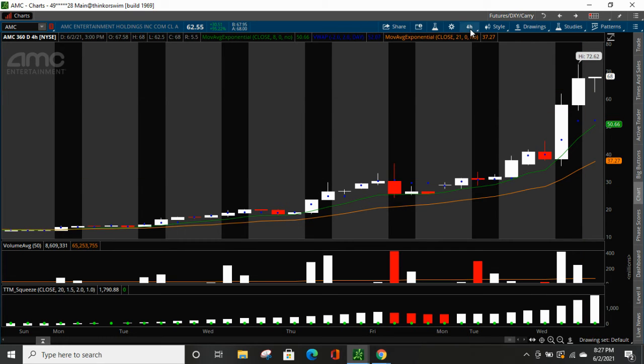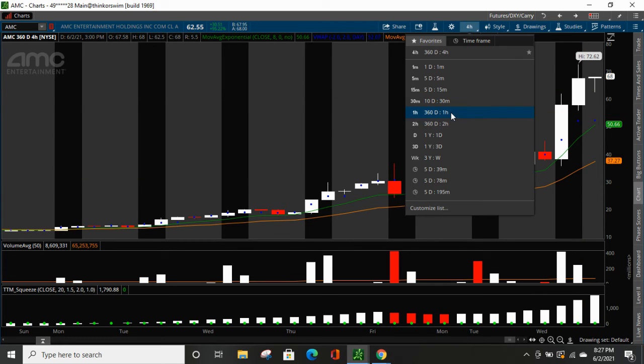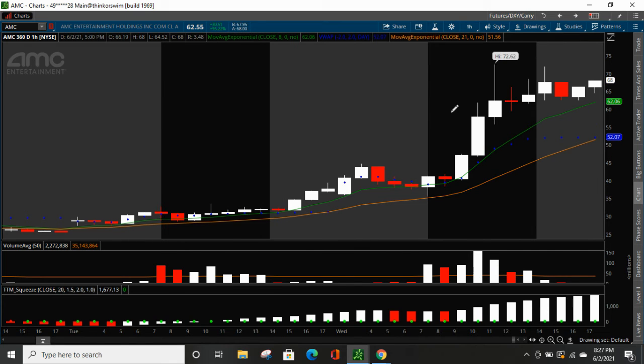Even if we go down to the hourly, you can just scale down into these time frames to see when a stock makes a move like this. You typically can't get an entry off of a higher time frame like a daily, 4-hour, 3-day or weekly. You want to go down to an hourly or a 30-minute to try and get a pullback somewhere as an entry point.